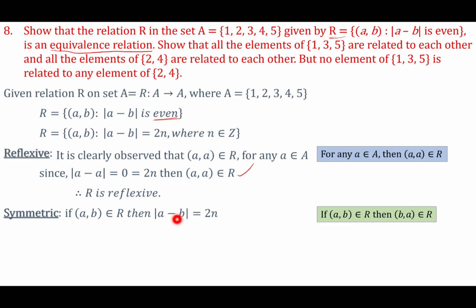Now if I take the negative sign common inside, it will be |b - a|, which is equal to 2n again, because the modulus of a positive or negative sign is the same. If |a - b| equals 2n, then |b - a| equals 2n, which means (b, a) belongs to R. That means the relation is symmetric.